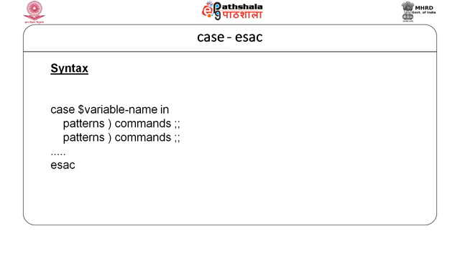Now, when we have multiple conditions, instead of using if, we can use case esac structure. We can compare our variable with various patterns, pattern 1, pattern 2, pattern 3 and so on, and subsequently different commands can be executed using case esac structure. In future you will see this case esac structure is very powerful and it is a part of shell scripting.